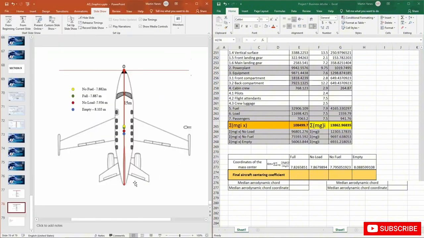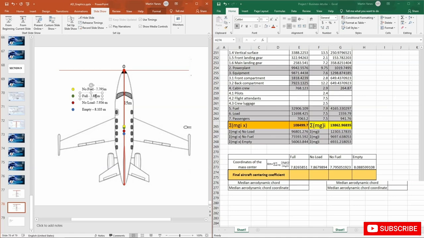So here I drew a simple picture with the masses that we estimated, or actually these were the masses of another aircraft, but now I'm going to write your numbers because they're similar. So the no fuel center of mass is 7.82. Then the center of mass of the full aircraft, sorry, with no fuel, it's actually 7.795, right?